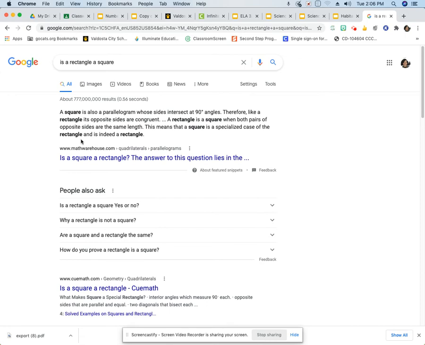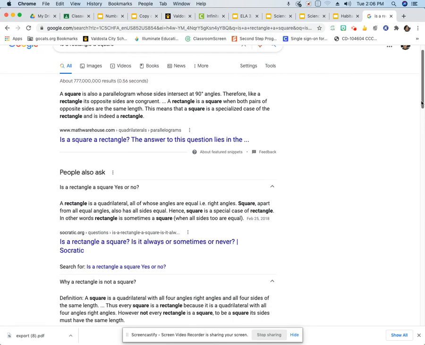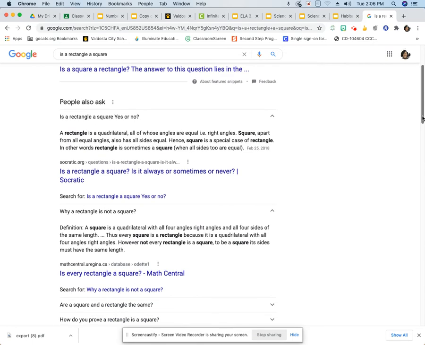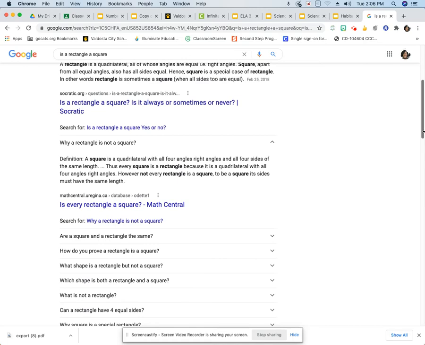So a square is a rectangle, but a rectangle is not a square because the sides are not equal. Every square is a rectangle. However, not every rectangle is a square. To be a square, its sides must have the same length. Okay, so we see that.